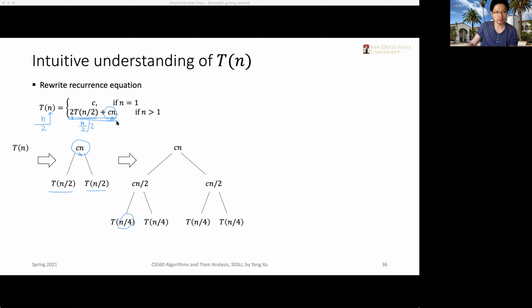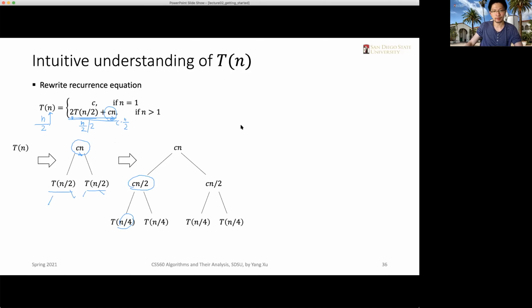And here it will be c times n/2, which is here, c times n/2. So further splitting the 2 nodes will result in a deeper tree, or a taller tree.